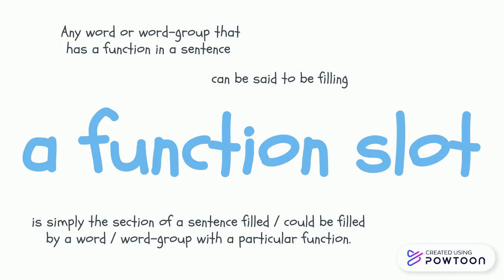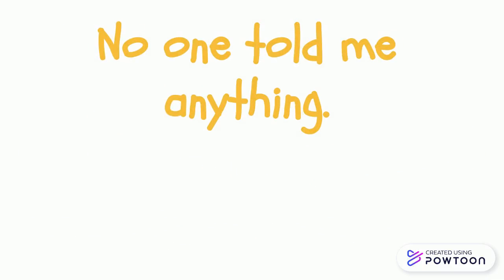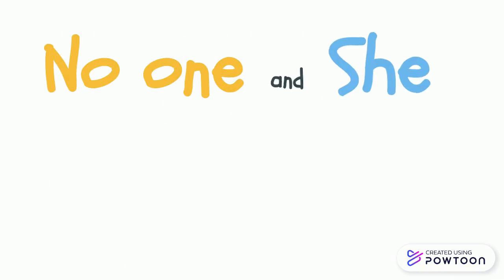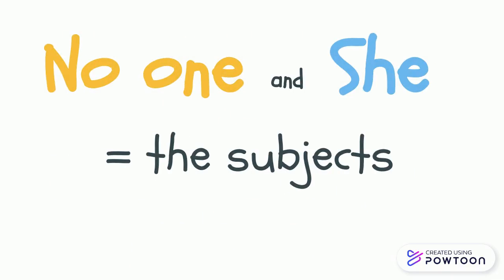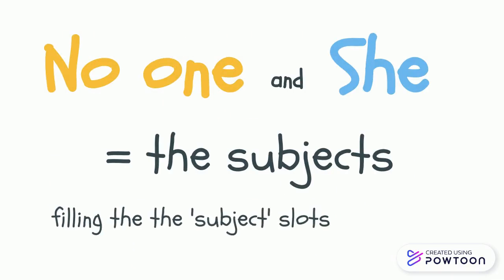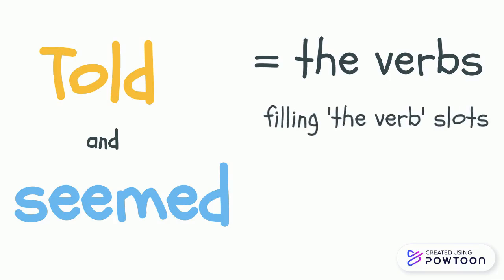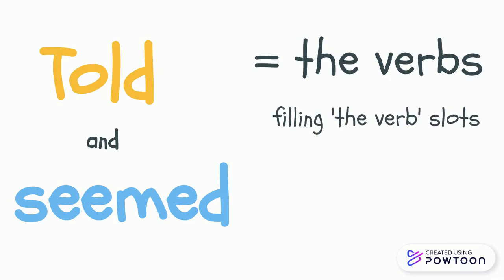So, in the sentences, "No one told me anything," and "She seemed alright yesterday," no one and she are the subjects of the sentences, and therefore fill the subject slots. Told and seemed are the verbs in the sentence, and therefore fill the verb slots.